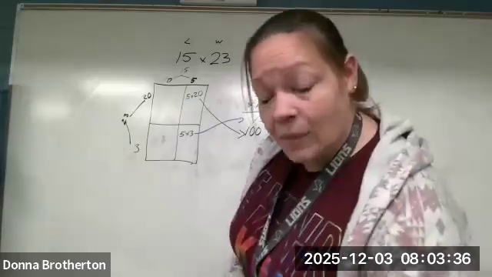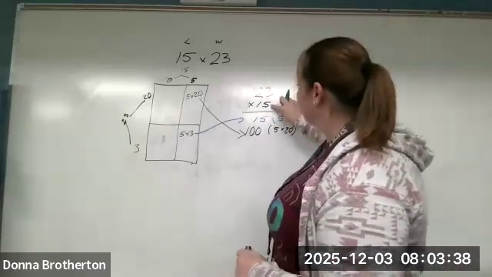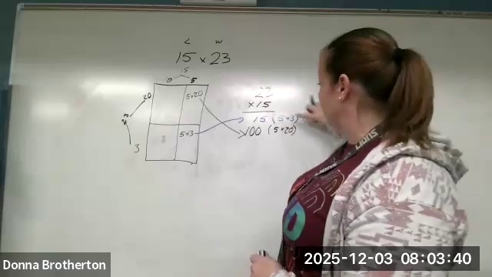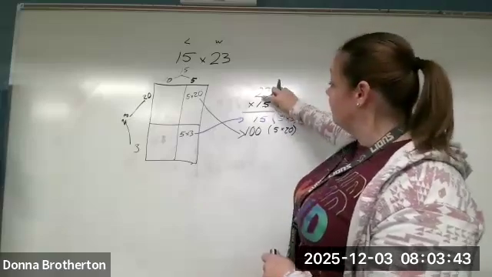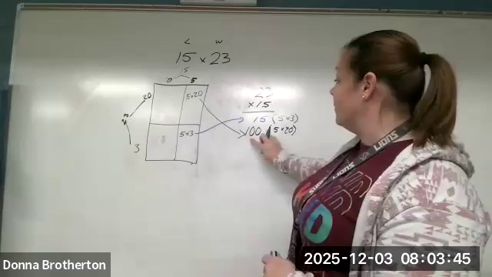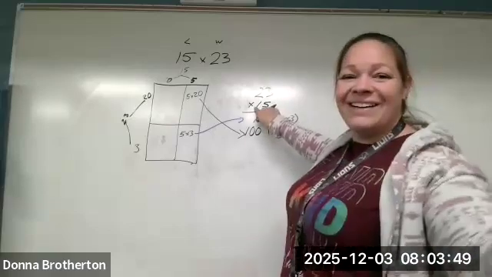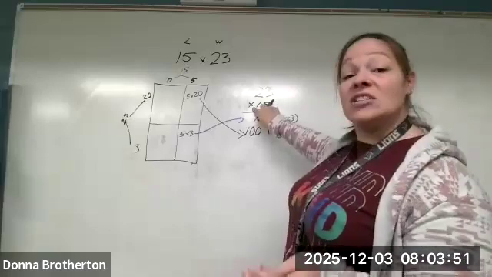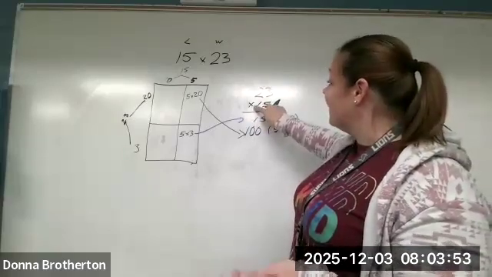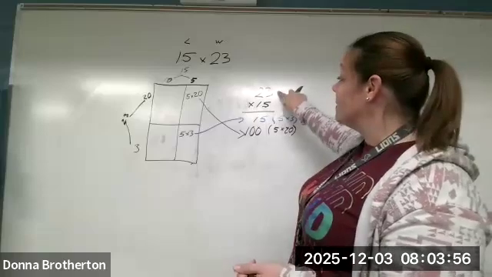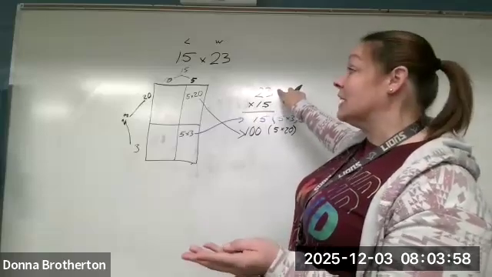All right, let me switch colors. I'm going to grab our green. All right, we finished the 5. It was 5 times 3. We have 15. 5 times 20, we have it here is 100. Now I have to move to the 1. Is it a 1? Oh, I heard someone say tens. Yep, so it's actually a 10. So this is going to be a 10 times 3 because the 3 is inside the 1.